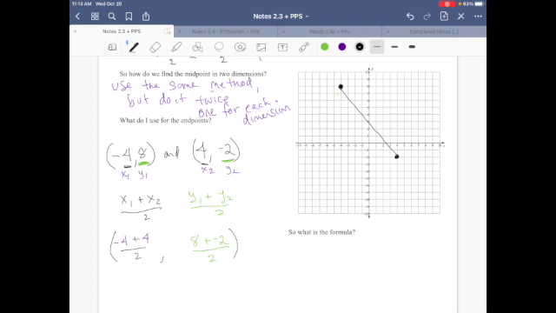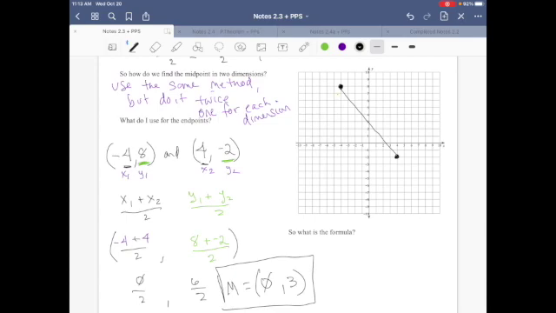So negative 4 plus 4 is 0, divided by 2. And 8 plus negative 2 is 6, divided by 2. So 0 divided by 2 is 0, and 6 divided by 2 is 3. So our midpoint is going to be at 0, 3.